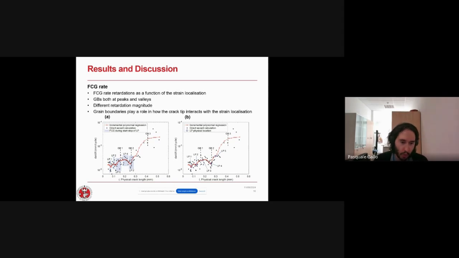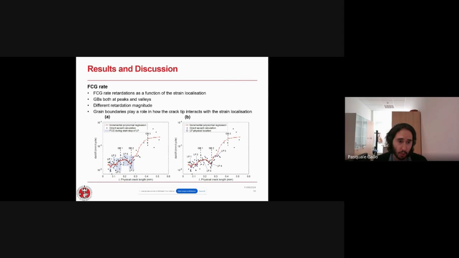So what's happening when the strain localization is developing, okay, but you don't have a physical correlation. And we saw that, as I said, the grain boundaries are both at peak and valley. So this may mean that there isn't a direct effect on the crack rate, but maybe there is an indirect effect, because anyway we're talking about microstructural features which are an expression of grains and grain boundaries.